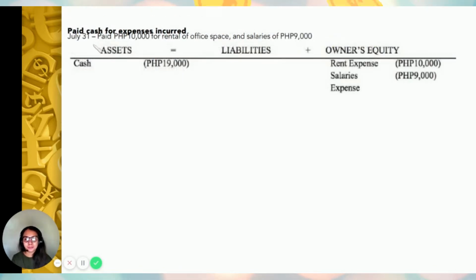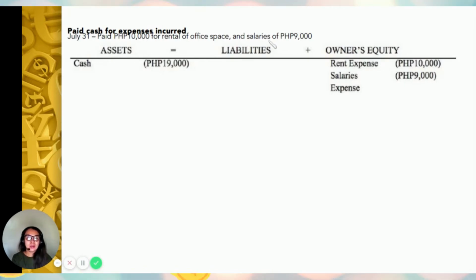Next, paid cash for expenses incurred. Paid 10,000 pesos for rental of office space and salaries of 9,000. So in this case, if we pay, that means our cash decreases. So how much is the decrease? 10,000 and 9,000. That is a total decrease of 19,000. And on the other side, we paid 10,000 for rental, so that's rent expense.